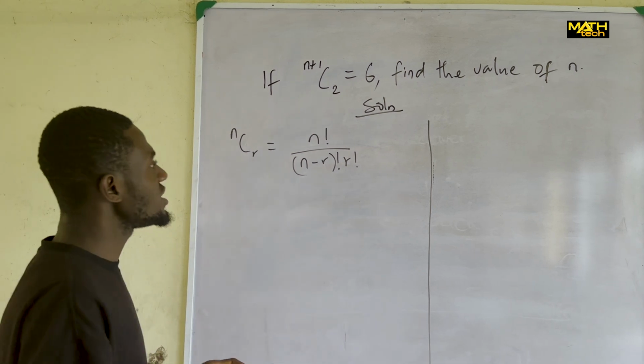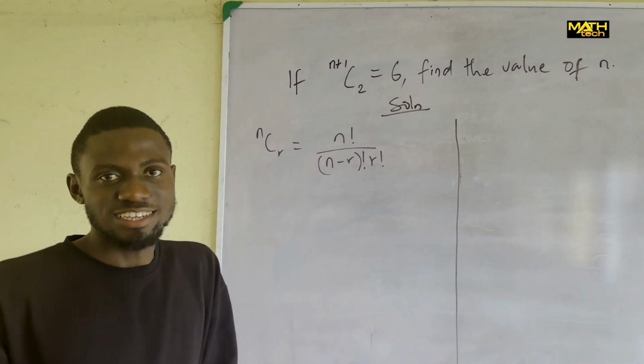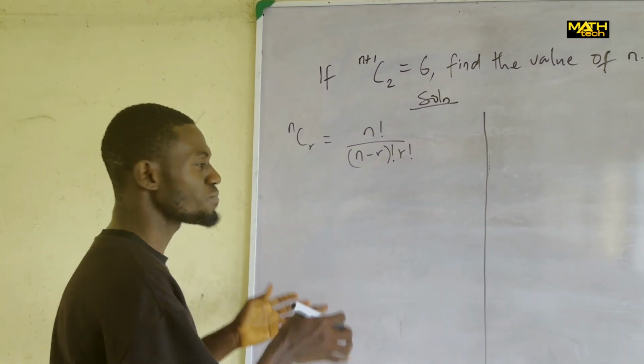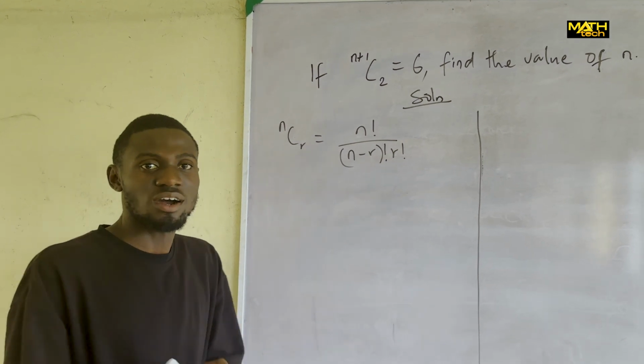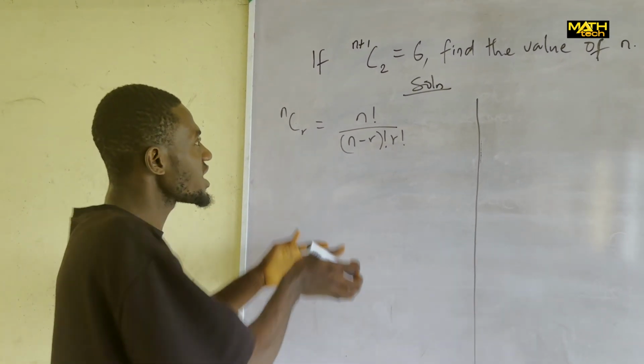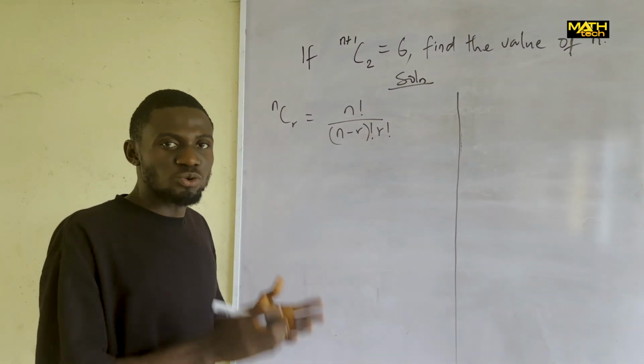This is the formula for n combination r: n factorial all over bracket n minus r factorial times r factorial. Most people might not understand what factorial means, and I will not deeply explain that in this video. Just keep watching our math series till we get to this point and you learn all that.